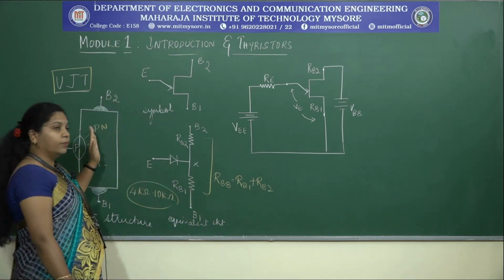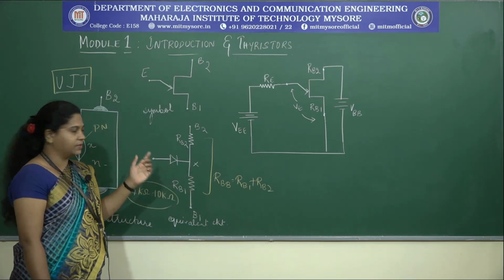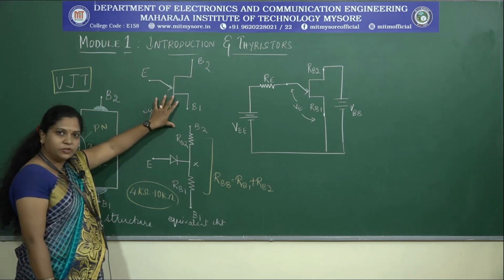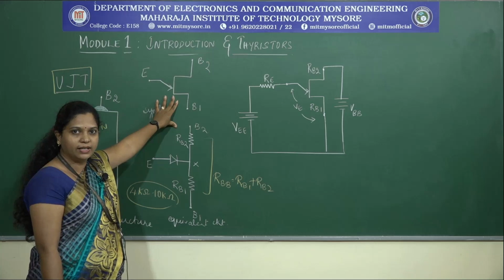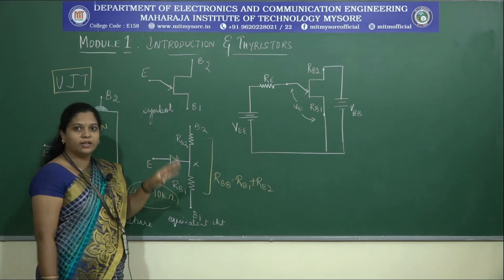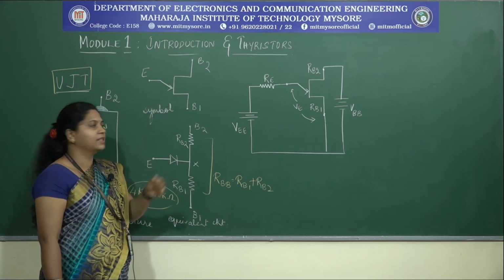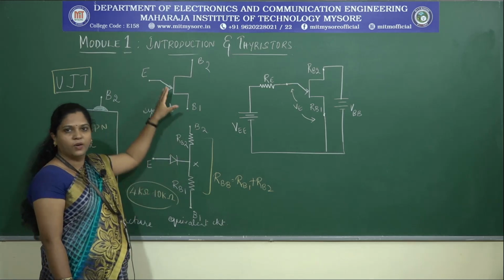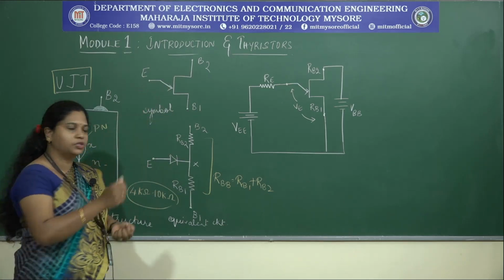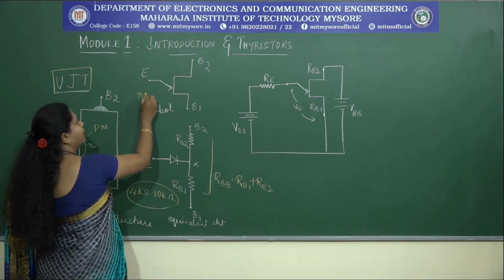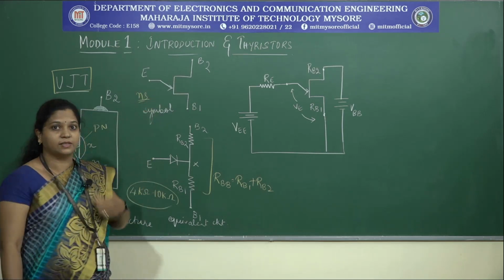Variable voltage is possible, and we make use of a UJT in oscillator circuits or triggering circuits, or to generate the triggering pulses of an SCR or TRIAC. The switching time of a UJT is around nanoseconds, so the speed is high.